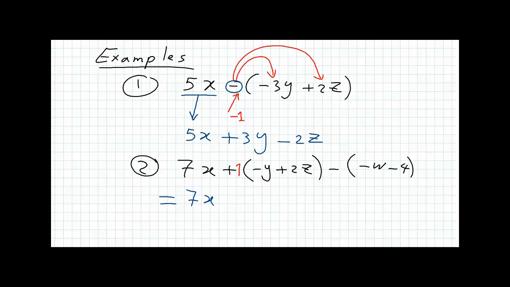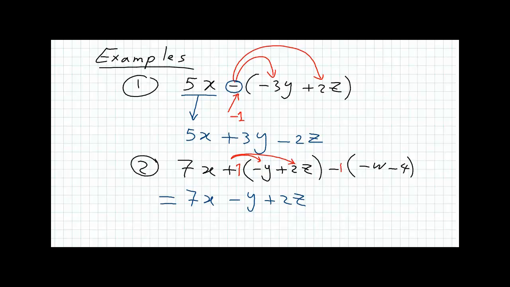So we can imagine that we have positive 1 here. If it is multiplied with every term inside the parentheses, this will not change anything. So you can open the parentheses without changing anything inside. So -y plus 2z comes down as they are.